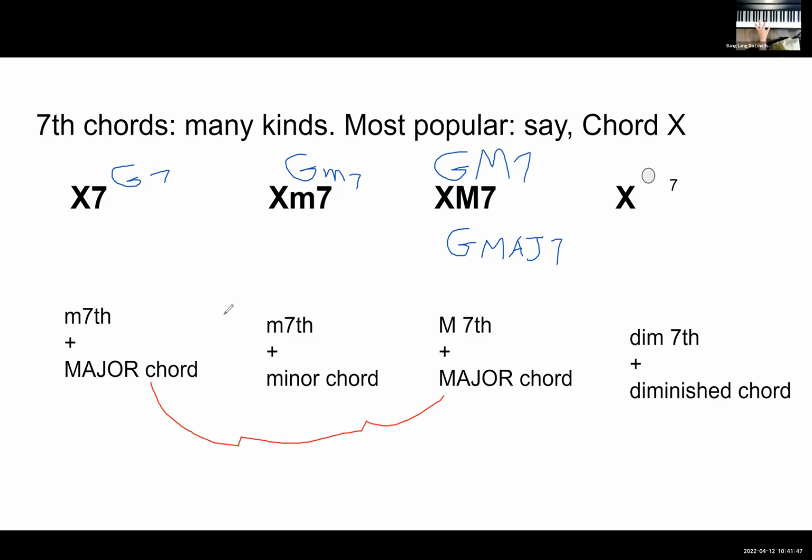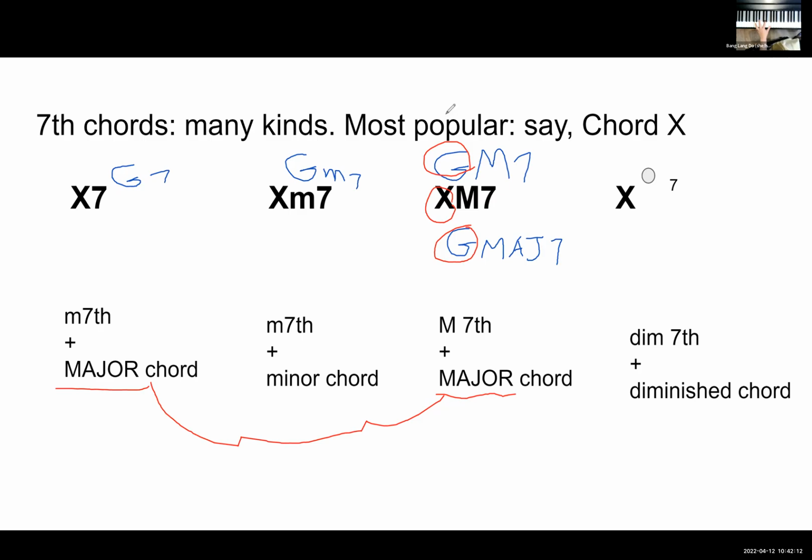So when you see a capital letter already, you know your chord is major. You see the letter itself being capitalized, you're dealing with a major chord, especially when there's no small m next to it.